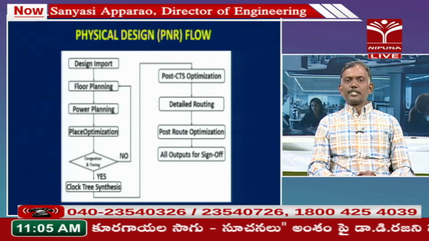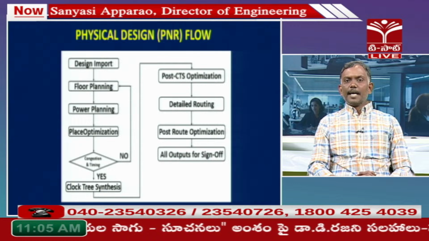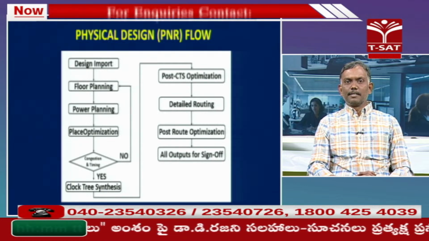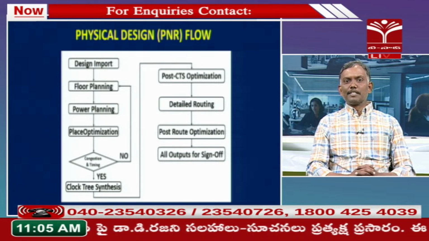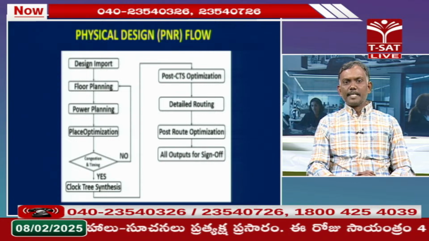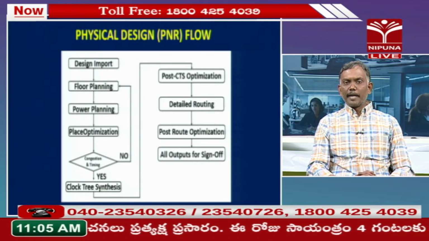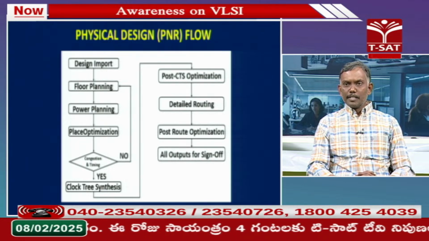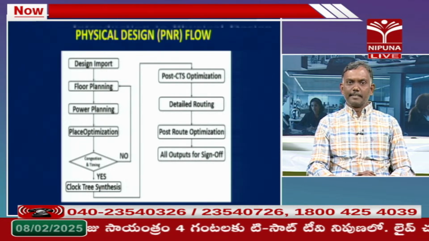All these files we should read as a part of design import without any issues. Once the design import step is completed, the next step is floor planning, placing of bigger components. I will explain more details in the coming slide.